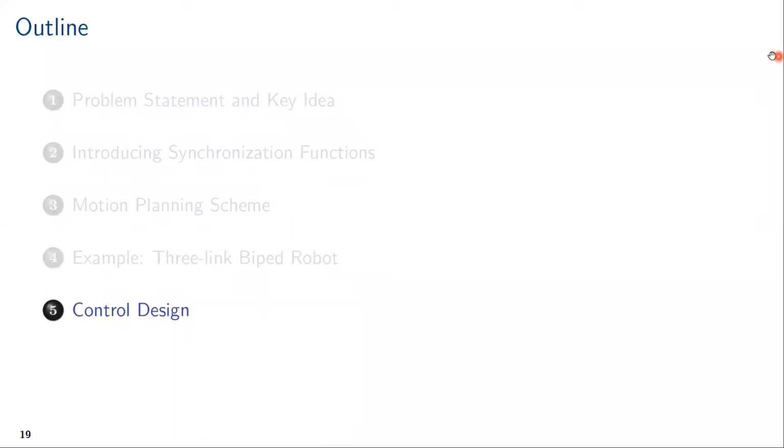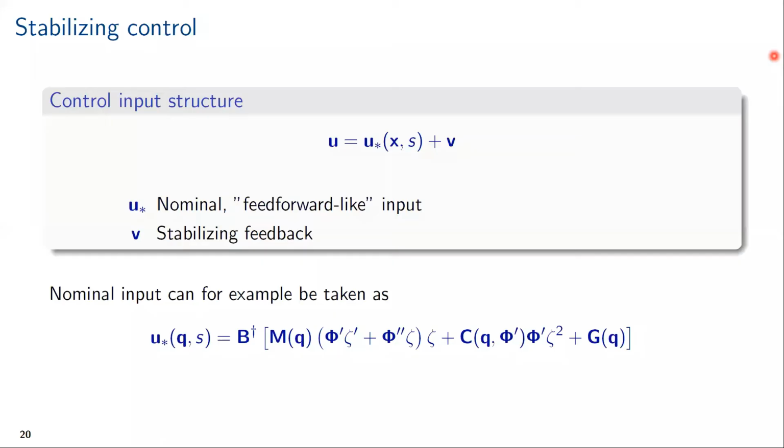That brings us onto the second part of this talk, which is how to design a controller for this problem. As is common, we divide this controller into 2 parts. The first is some part which recovers the nominal velocity when on the nominal orbit. There are many examples of this part.